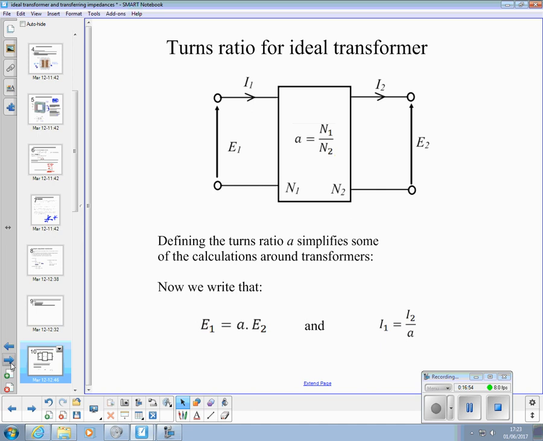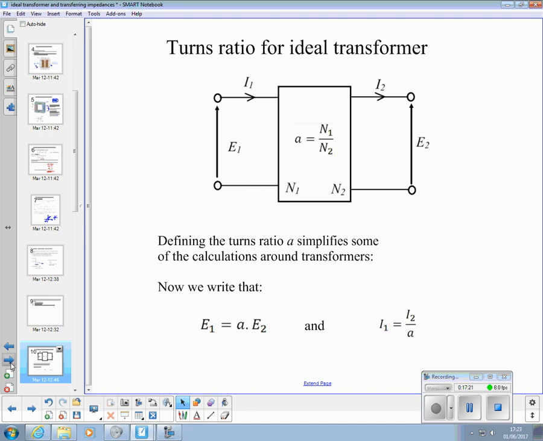Right, turns ratio, the ideal transformer. Defining the turns ratio as the letter A simplifies some of the calculations that we're going to be doing around transformers. So rather than keep writing N1 over N2 down, I'm going to use the term A to be the transformer ratio, and it is always N1 over N2.